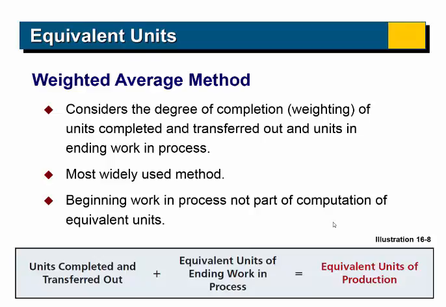And so that's why we have to calculate equivalent units. Thankfully, this easier method is the most widely used method. And we do not have to consider beginning work in process in part of our computation of equivalent units.